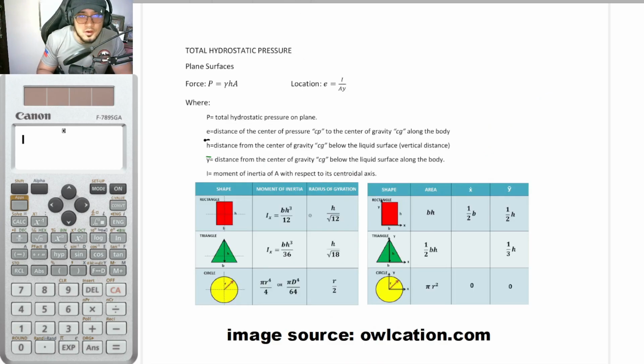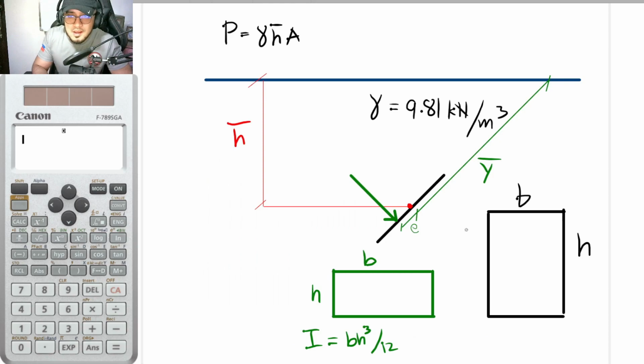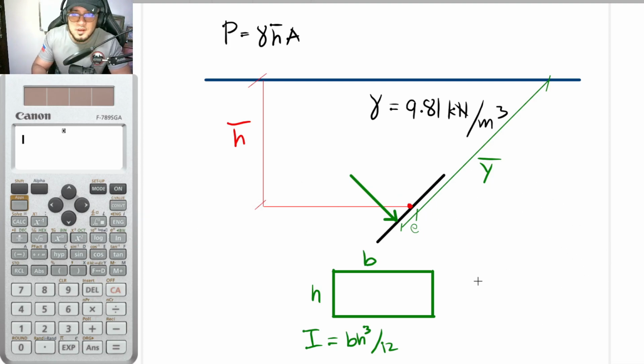Okay, so I also have this figure here, which shows us how to solve for their respective areas and how to locate their centroid. So why do we need this? For example, instead of this plate here being a rectangular one, pretend that it is now triangular.